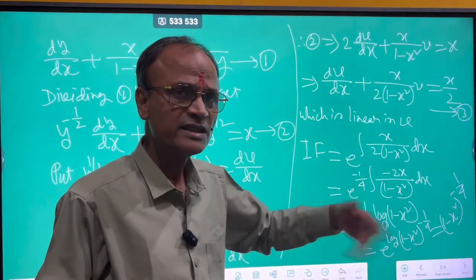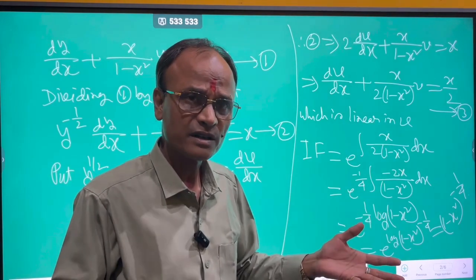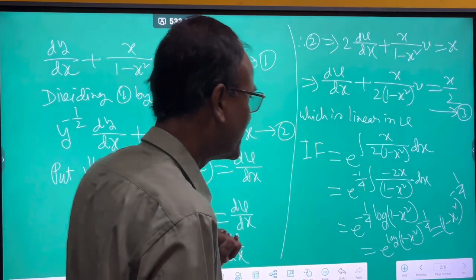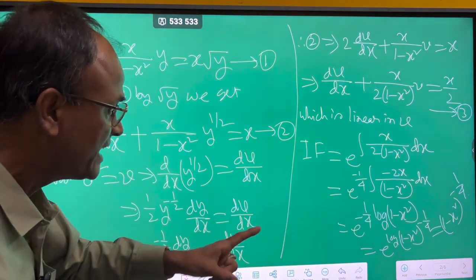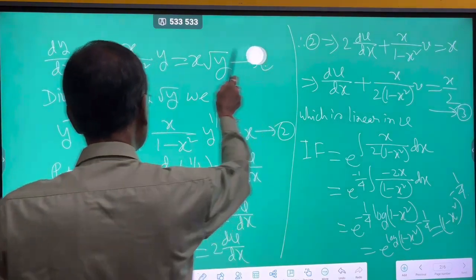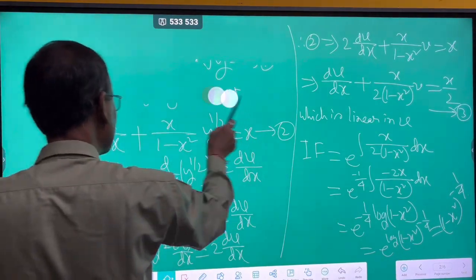And you can integrate this one, and you will be able to find the solution of this differential equation. Now, multiplying 3 by the integrating factor. Just let me remove this one.